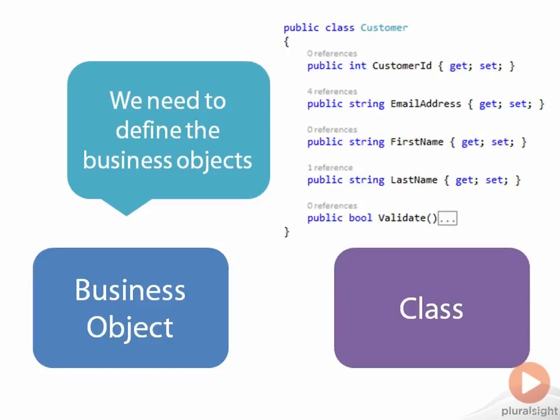So the customer class could be referred to as a business object. Used in this context, a business object is not an object at all, it is a class. So an object is not a class, but a business object often does refer to a class. Yeah, this seems inconsistent to me too.